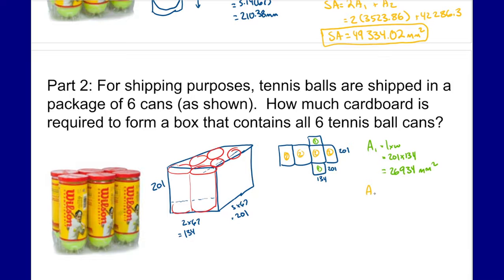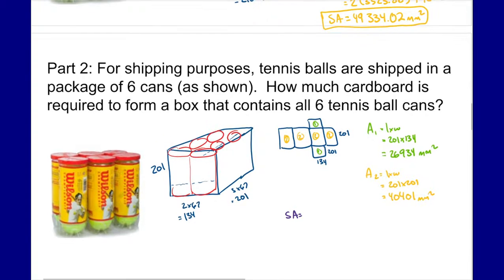For our 4 side pieces, length times width, 201 times 201, 40,401 millimeters squared.